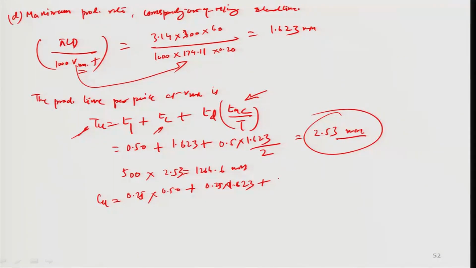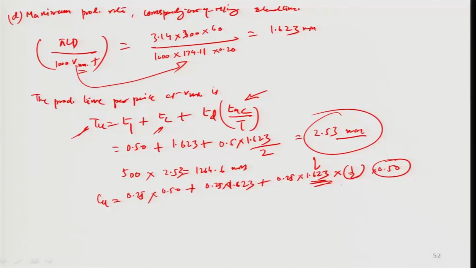In this particular case, the tool changing time can be recorded as 0.25 times 1.623 times 1/2 times 0.50.